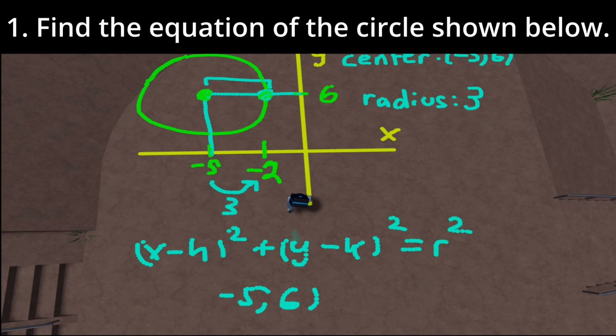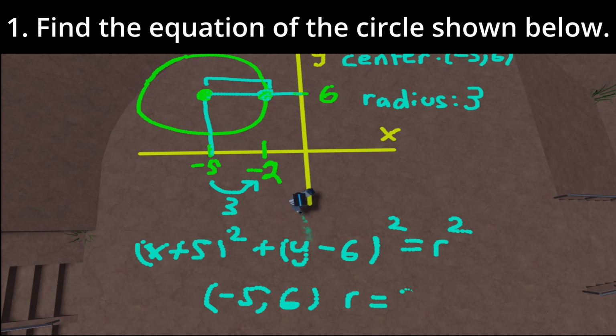So remember, whenever you're going from the equation to your center or from the center back to your equation, you have to flip the coordinates on the x and the y. So this minus 5 actually becomes a plus 5 for the minus h here. And that plus 6 becomes a minus 6. So I'll have y minus 6 because I flipped the y coordinate, and x plus 5 because I flipped the x coordinate. And then we also know that r is equal to 3.